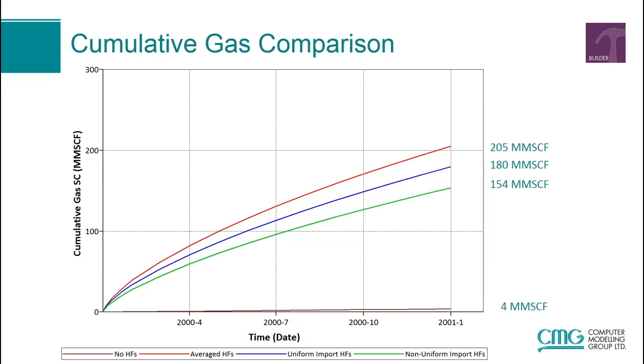Now, when we incorporate hydraulic fractures in our model, in the averaged case here, where we have the equivalent averaged fractures, we can see that it overestimates production compared to the imported cases. Then if we compare the uniform import versus the non-uniform import case, the non-uniform imported case has much more reasonable and realistic production values.